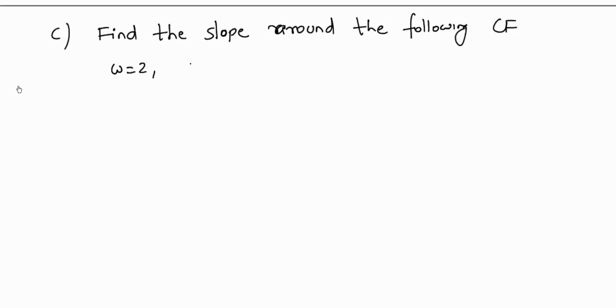So omega equal to 2, 20, 200. Okay, so we have to find the change in slope here, the slope around the corner frequency. That is, before 2, how much is the slope, and after 2, how much is the slope.